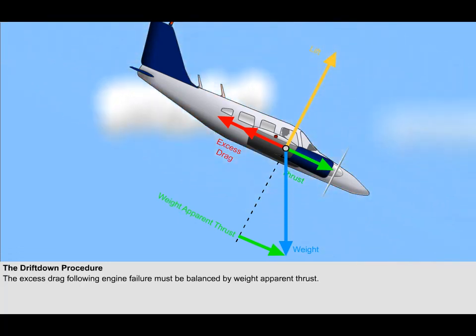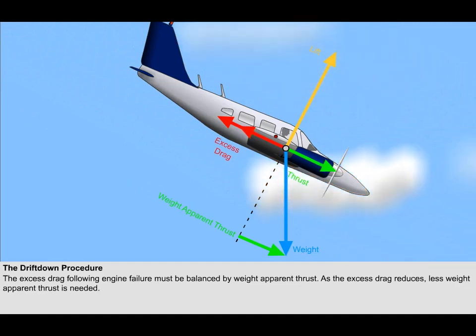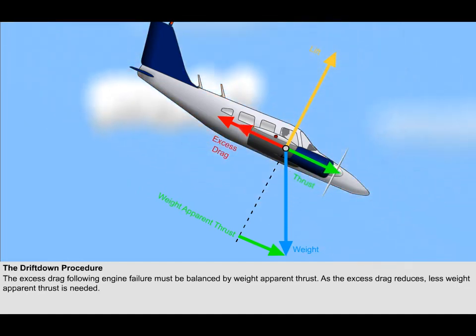However, as the aeroplane descends in the atmosphere, the air density increases. This means that the thrust being produced by the remaining engine increases, which reduces the excess drag. Notice now that there is no need for so much weight-apparent thrust, since the excess drag has reduced.